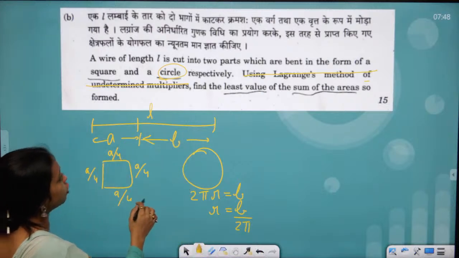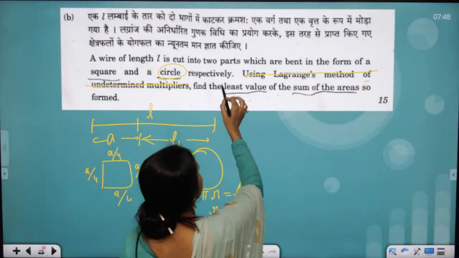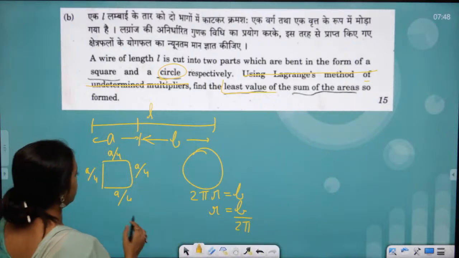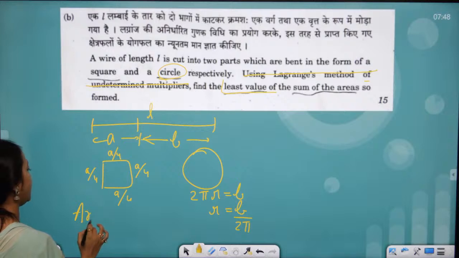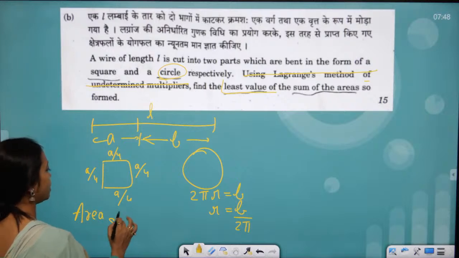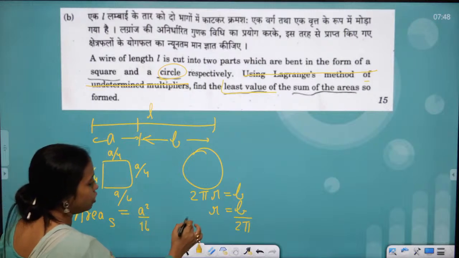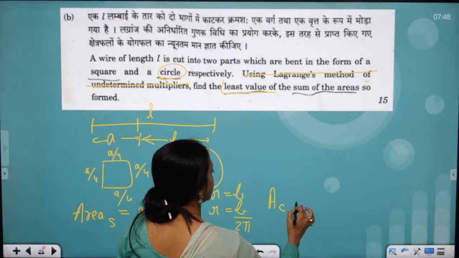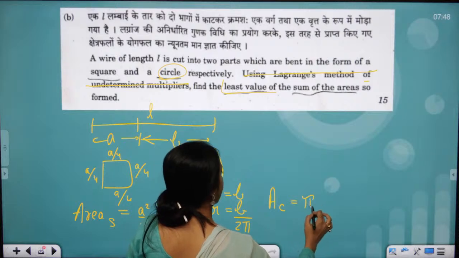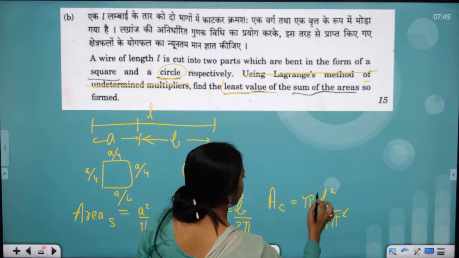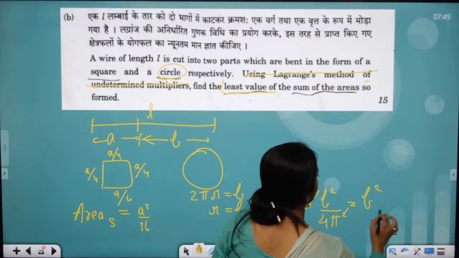And what is the area? Because what they want you to find is the least value of the sum of the areas. Area of the square is side square, so A square by 16, and area of the circle is pi r square, so it becomes B square by 4 pi.